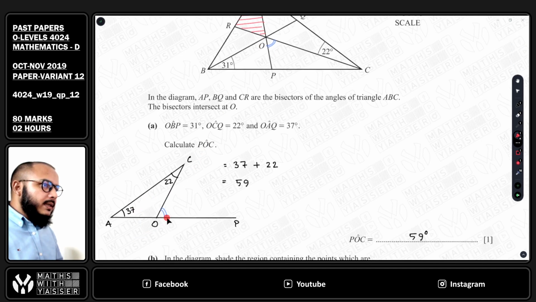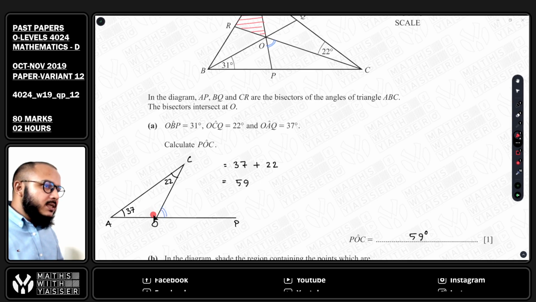In order to find POC, we can think of this rule, which is exterior angle equals the sum of the interior opposite angles of a triangle. And we must make sure that this is a straight line. So therefore, this angle should be the sum of 37 and 22, which will give me 59.